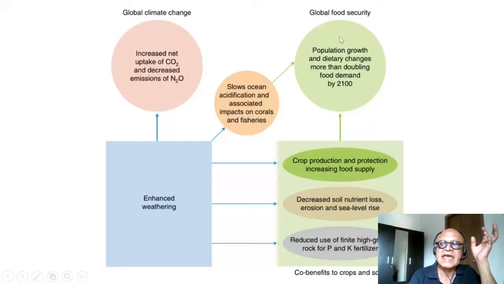And this would also enhance global food security by reduced use of finite high-grade rock for phosphorus and potassium fertilizers, decreased soil nutrient loss, erosion, and sea level rise, crop production and protection, increasing food supply, and eventually population growth and dietary changes more than doubling food demand by 2100 as projected can be better dealt with in terms of enhancing food security through these methods.